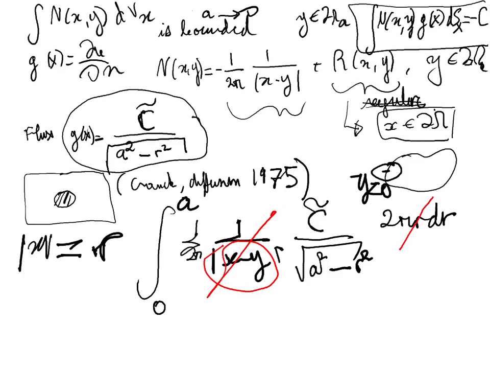And this has to be equal to the constant minus c. So now we can find the link between c and c star and c tilde. By calculation, we get c tilde equals minus 2c divided by pi.